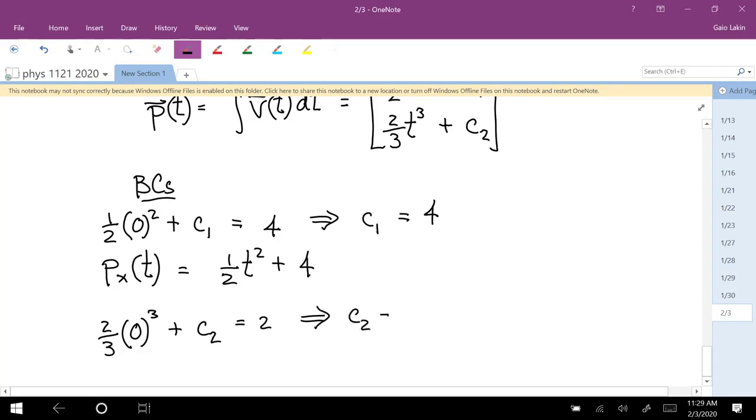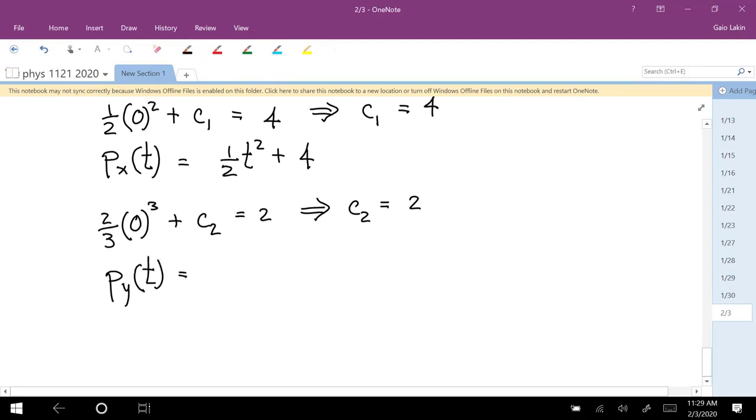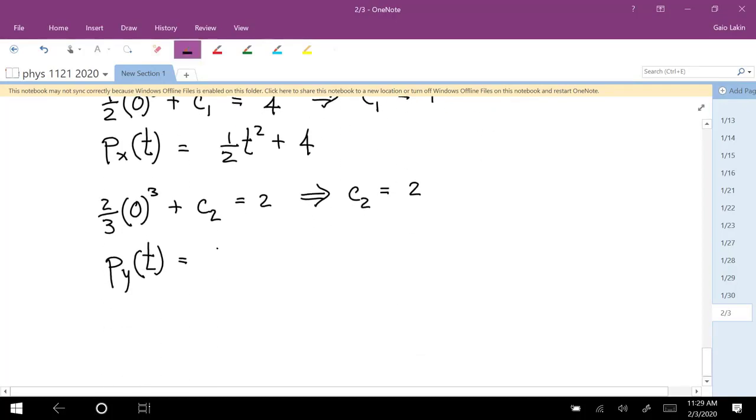And so C2 is equal to 2. And so py as a function of time is 2/3 t cubed plus 2.